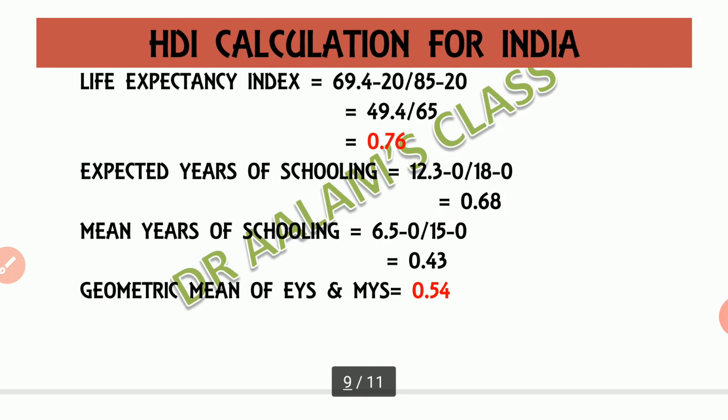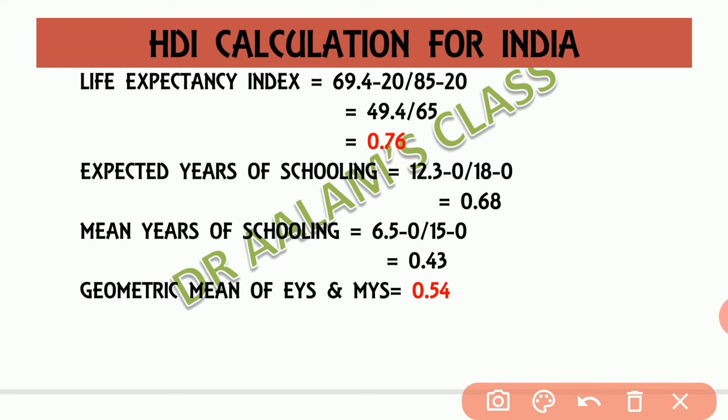So first, life expectancy index is calculated, and for calculating the same above formula is used. Actual value minus minimum value divided by maximum value minus minimum value. So if you put the values, you will get this as life expectancy index, that is 0.76. Similarly, for education index, we have to first separately calculate expected years of schooling index by using the above formula, and it is calculated as 0.68.